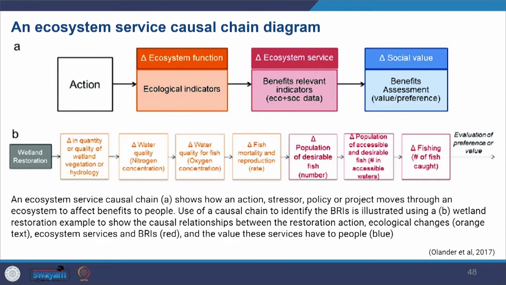The causal chain is very commonly used in ecological assessments. A causal chain in an ecosystem service assessment will show in the end the effects of changes on our well-being or the benefits which we get. So that should be the end product which we are looking at.